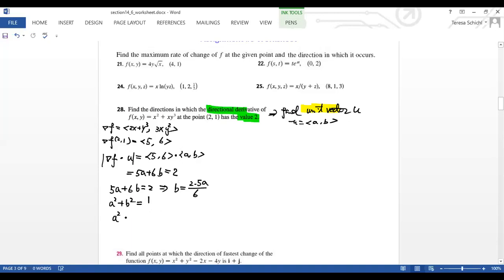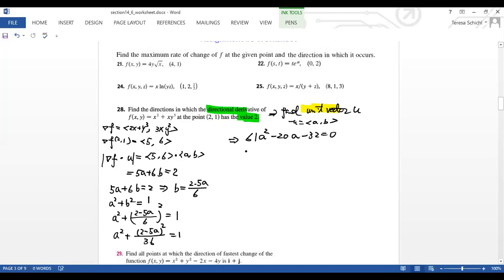So a squared plus ((2 minus 5a) over 6) squared equals 1. So I have a squared plus (2 minus 5a) squared over 36 equals 1. And then I just FOILed it and combined it. I got 61a squared minus 20a minus 32 equal to 0.